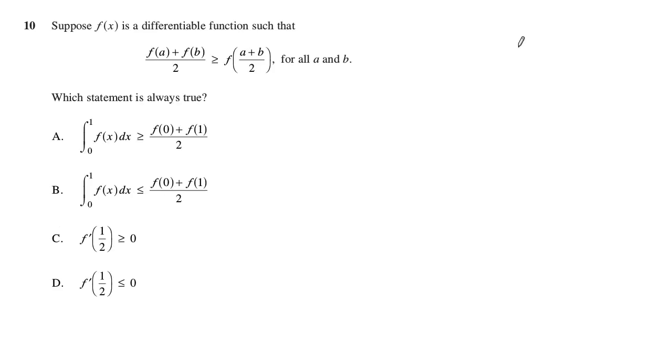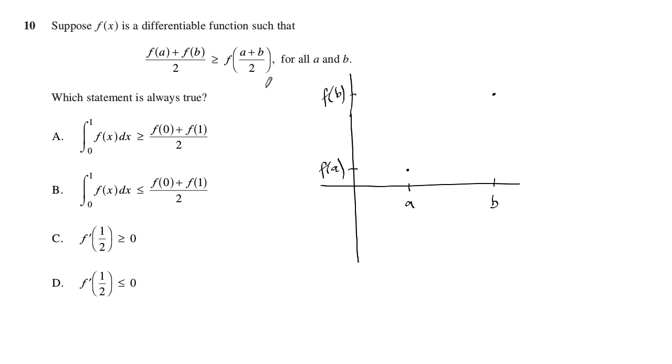Question 10. So let's try to get an idea of what this inequality means by graphing f. So if I just pick some a and b, and maybe f of a is there, and f of b might be up there, then (a plus b) over 2 is the average of a and b, so that's the midpoint between them.